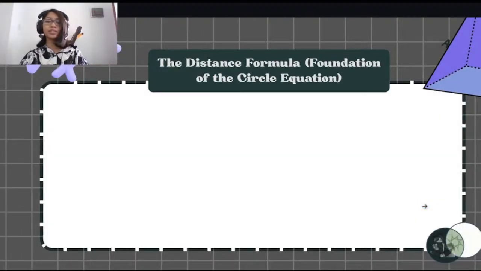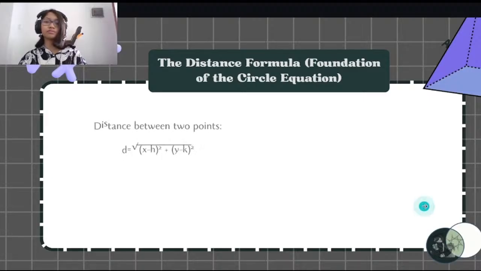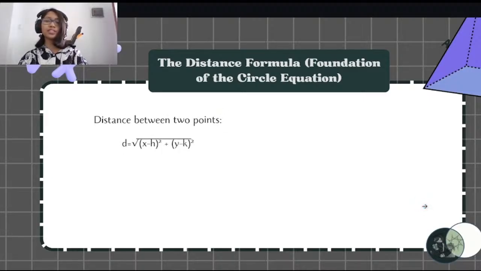The distance formula is the foundation of the circle equation. Using the distance formula to get the distance between 2 points: D equals square root of quantity x minus h squared plus y minus k squared.